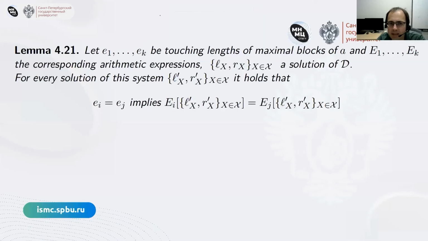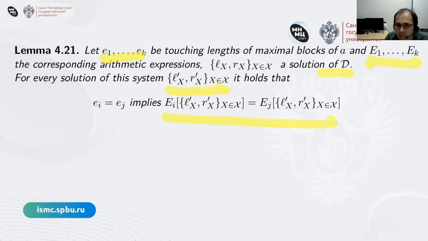And then the claim is that if we have some lengths of maximal blocks and the corresponding arithmetic expressions, this gives a system of equations D. Then any other solution of this system of equations preserves the equality.